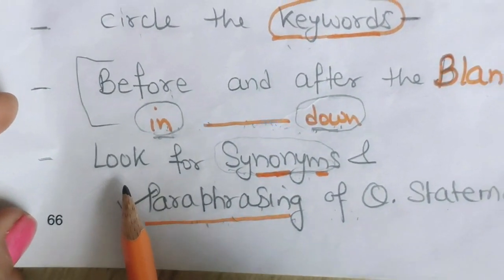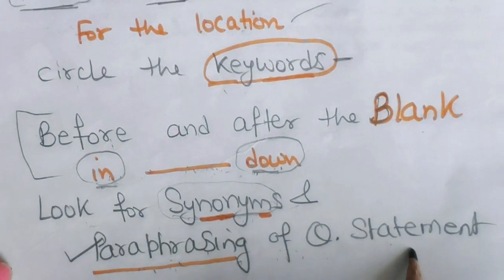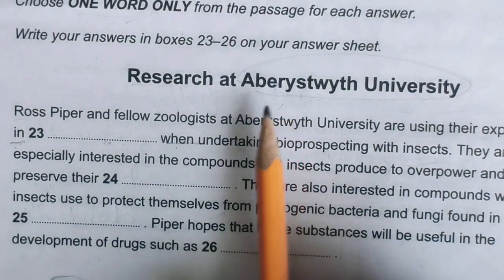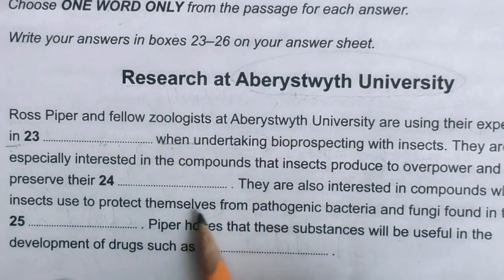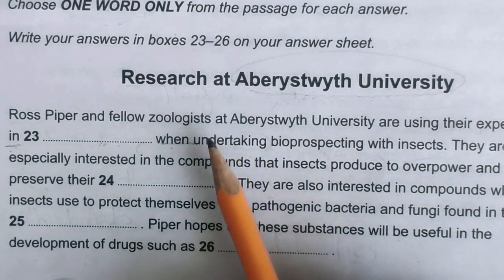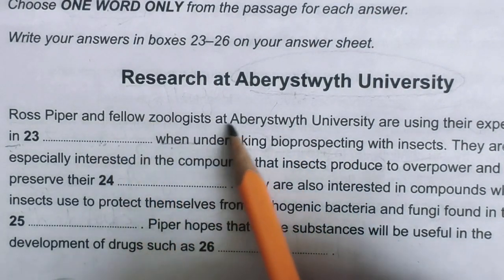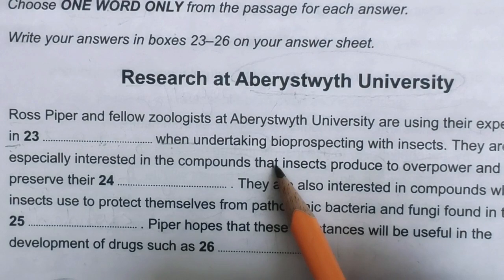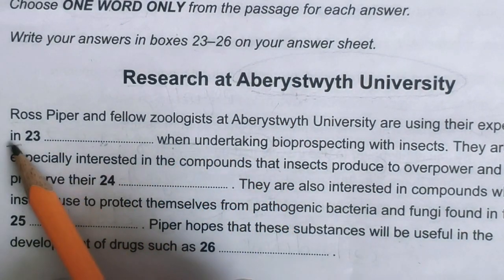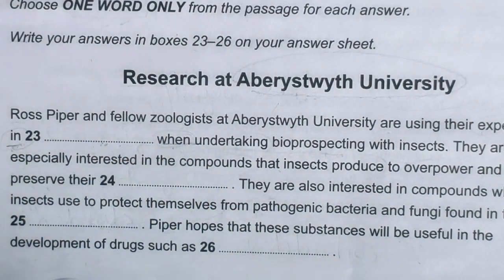The next important tip is to look for synonyms and paraphrasing of question statements. In these types of questions, the writer is not using the same sequence as the question statements. He may use one line at the start of the passage and another in the middle of the passage, but overall you have to match the meaning, and importantly find these words also for fill in the blanks.